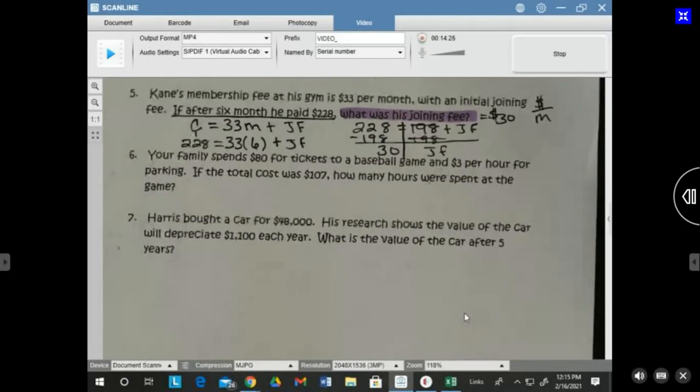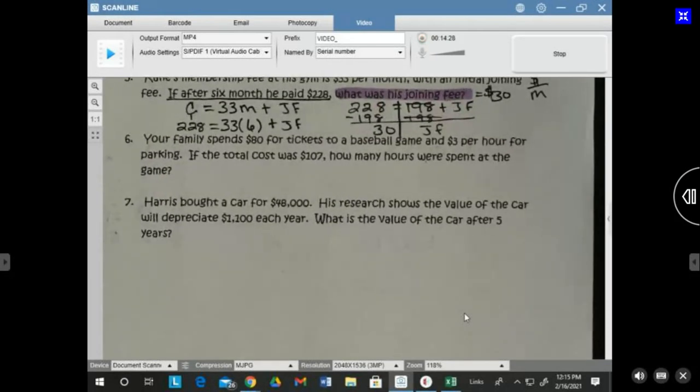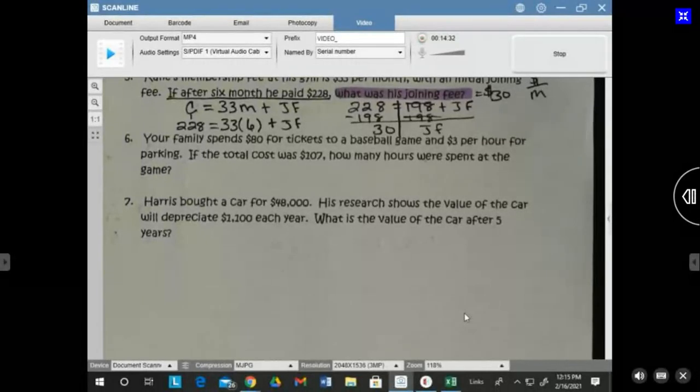Harris? All right. So Harris bought a car for $48,000. What's that 48 going to be? Is that something that's reoccurring? No. That's the starting point. That's my starting point for where my cost is.